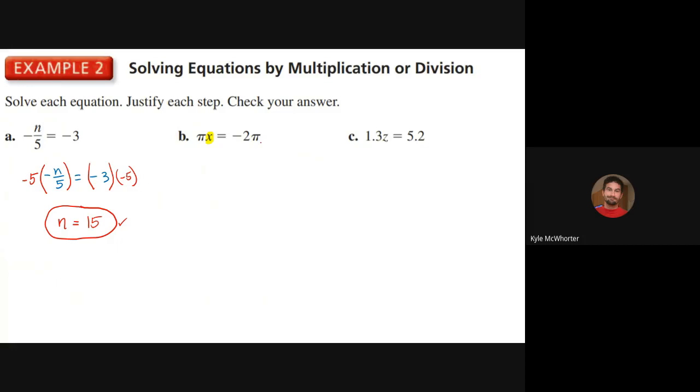It's 3.14159 and so on. So what we have going on right here is x being multiplied by a number. So x is being multiplied by pi. The inverse of multiplication is division. So we're just going to divide both sides by pi.